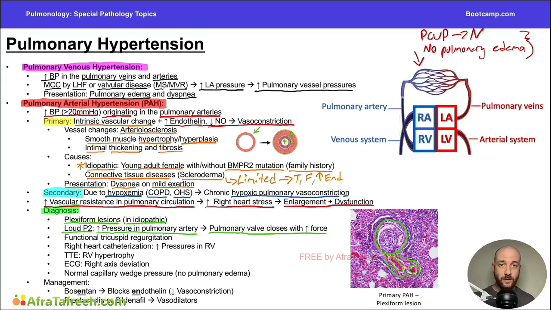Now, another finding that we may or may not see is a functional tricuspid regurgitation. So again, we're going to have high pressures in the pulmonary artery. This is going to back up into the right side of the heart and can actually enlarge the right side of the heart. Let's just recall that the tricuspid valve is located between the right atrium and the right ventricle. And if the right side of the heart enlarges, this can actually pull the tricuspid valves apart such that now there's a functional tricuspid valve regurgitation.